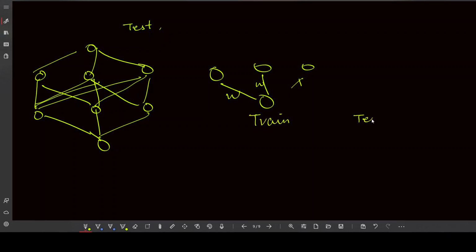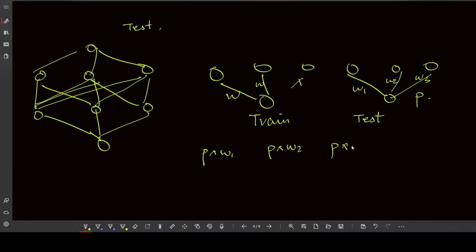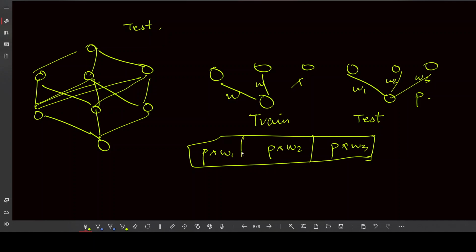At test, I'll have all the neurons and all the connections, but I'll multiply all the weights W1, W2, W3 with the dropout value P. So it'll be P into W1, P into W2, P into W3, and this will comprise your weight vector.